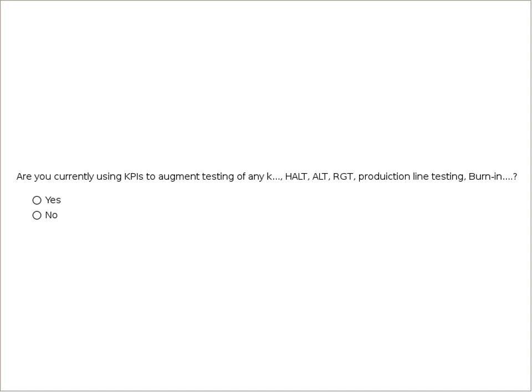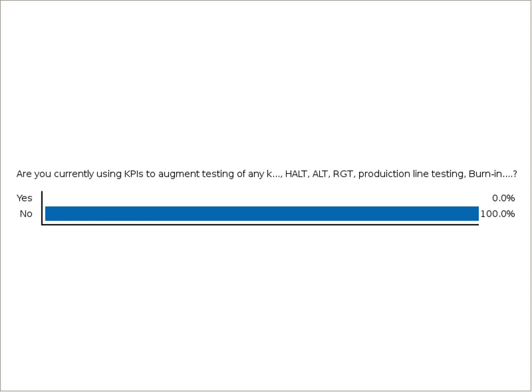So considering that concept of KPIs, that's one that I think I haven't heard mentioned much, that I talk about a lot. I know we use prognostics in product life to watch a product to see if it might be failing in use. But just out of curiosity, how many are using these KPIs as an indication in any type of production testing?